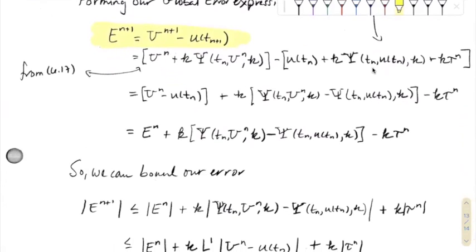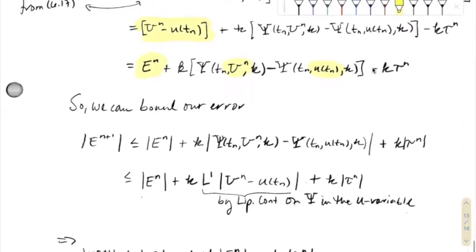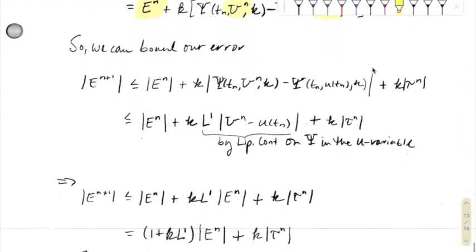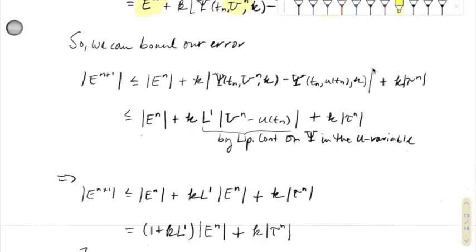When we collect these terms, we put our error at our nth step right out in front, and then there should be some difference between psi evaluated at your approximation and psi evaluated at your true solution, both at the nth time step. And from there, you bound your error in much the same way. You take absolute values and apply the triangle inequality to get you to the next step that you see there.